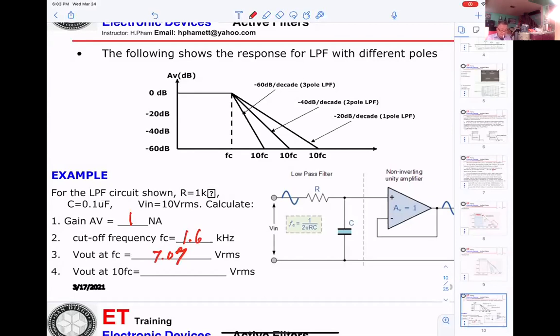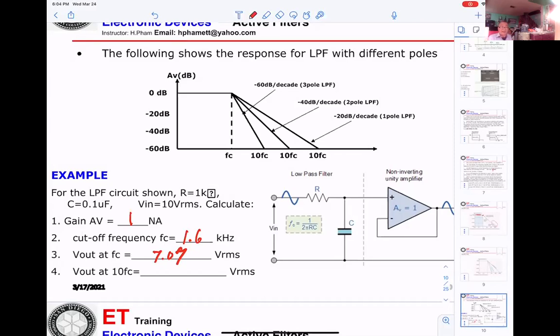And the last calculation, they want to know Vout at 10 times FC. 0.707. How do we calculate at 10 FC?